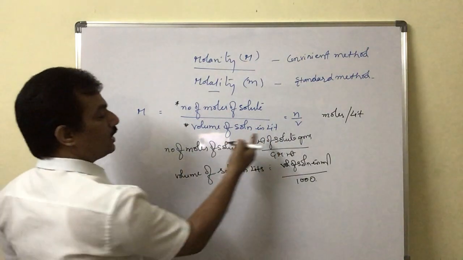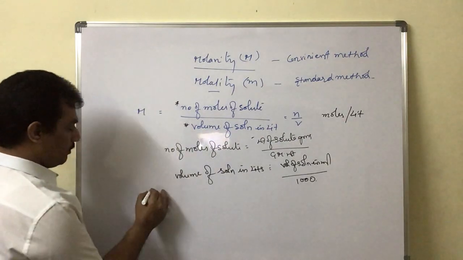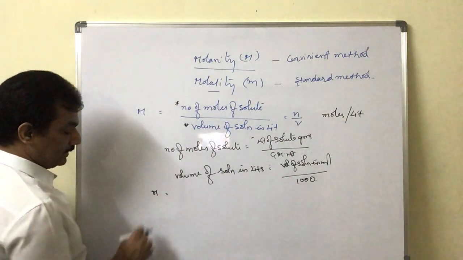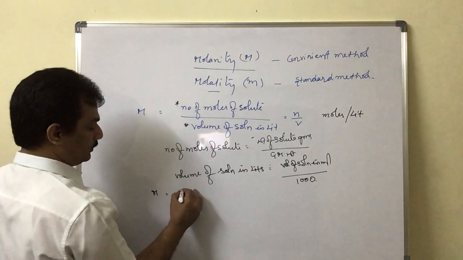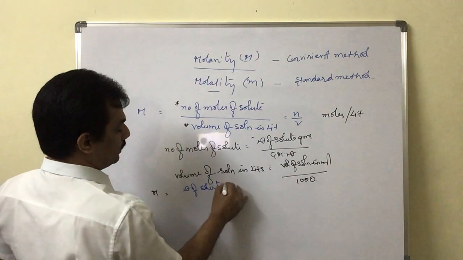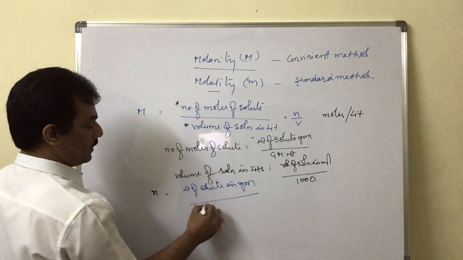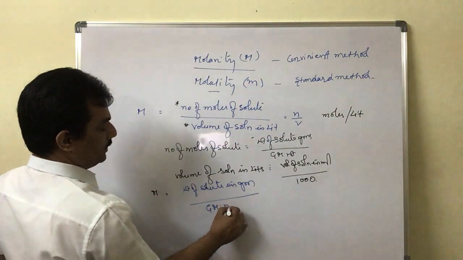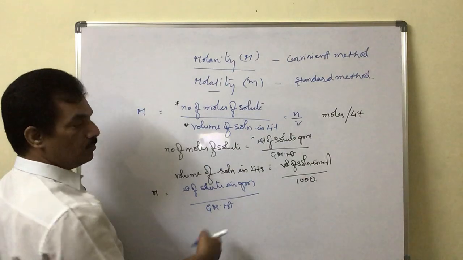Now, when we substitute these two values, we arrive at molarity equal to weight of solute in grams by gram molecular weight by volume of solution in ml by 1000.